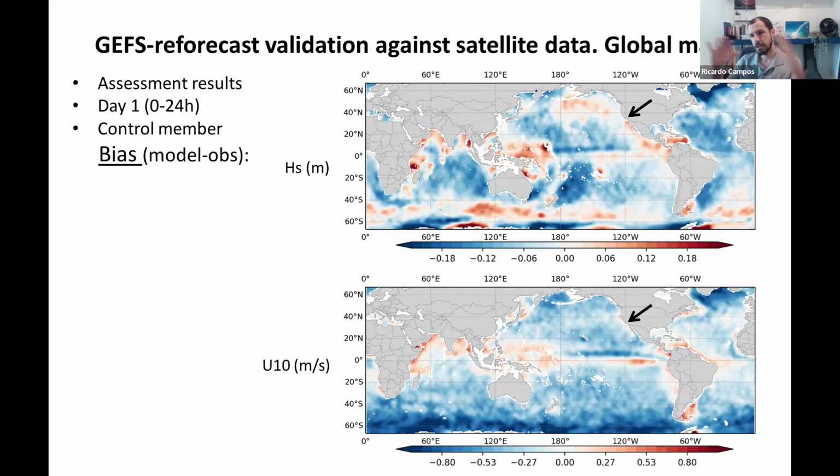With the altimeter data, we can have a better spatial view of that, computing the metrics for each bin around each grid point. And this is the result for HS and wind speed, covering the 20 years of reforecast.